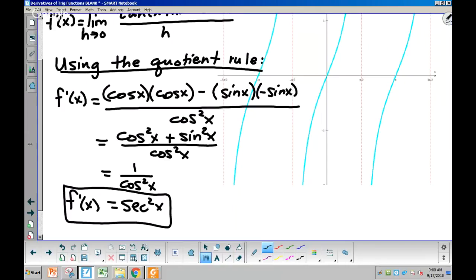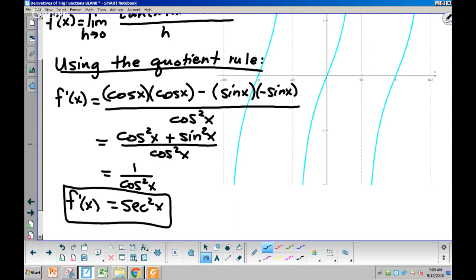They become all positive, don't they? And the secant graph is never 0. So does it look like secant squared could give us all the slopes? The answer is yes. Okay, so we can say f prime of x is equal to secant squared x.